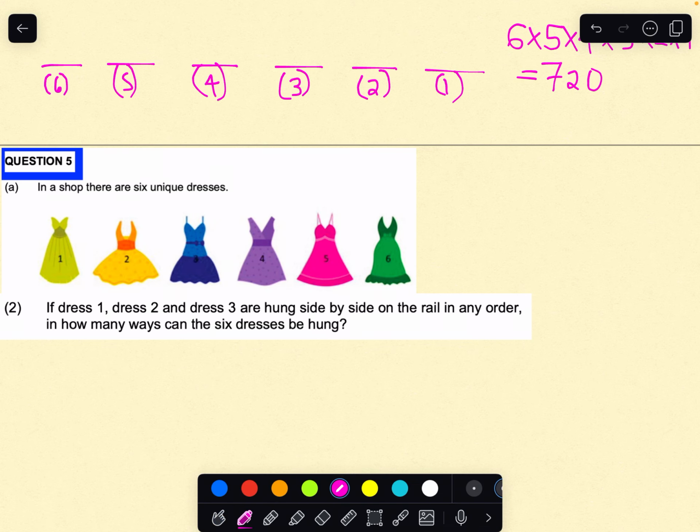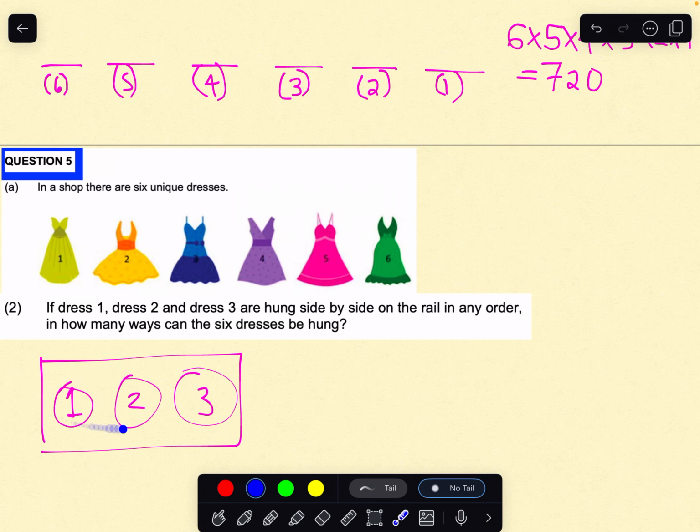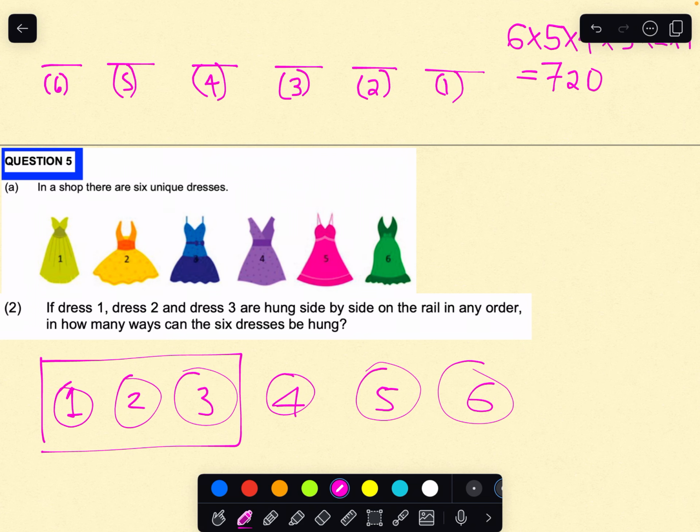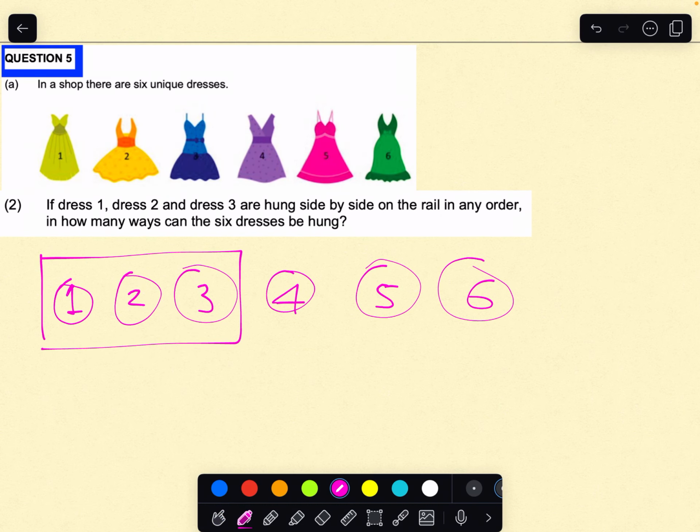So how we can think about this is, we now have this unit, which is dress 1, dress 2, dress 3, and we'll come back to the dynamics inside the unit. For now, let's just look at it as one unit. These cannot be separated, they have to move together. Then the remaining dresses will be 4, 5, 6. These ones can move around as they please. I'm just going to call this big B for block.